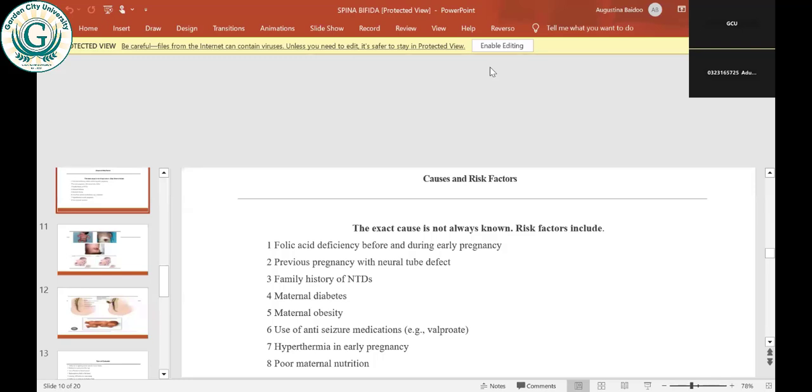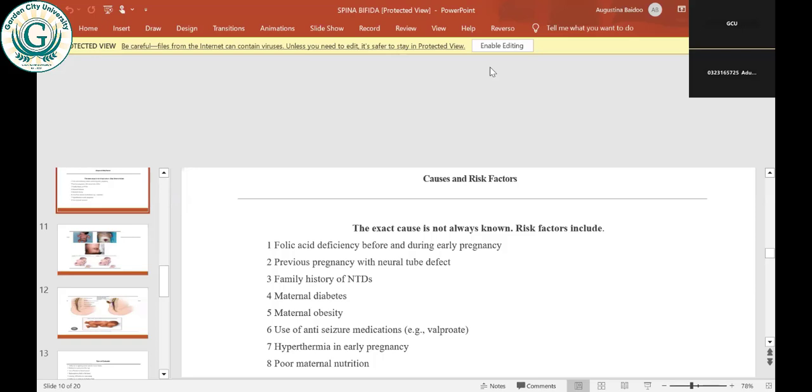Since we said spina bifida occurs in early pregnancies, high body temperature is very dangerous during the third to fourth weeks of pregnancy, which can affect the developing embryo and also damage developing neural tissue. High blood temperature can also cause cell death.